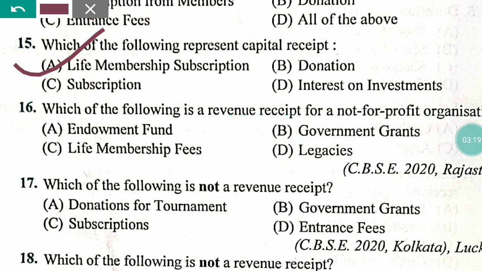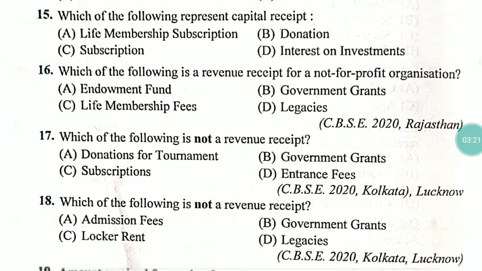Now we are discussing: which of the following is a revenue receipt for a not-for-profit organization? The options are endowment fund, government grant, life membership fees, or legacy. The right answer is government grant. A government grant is support provided to the not-for-profit organization for service to the public.